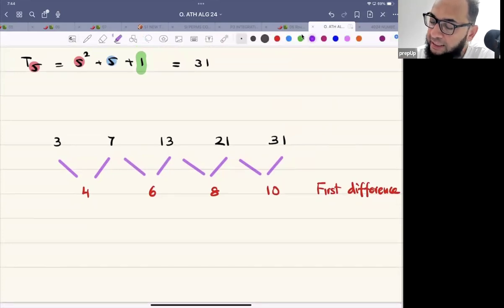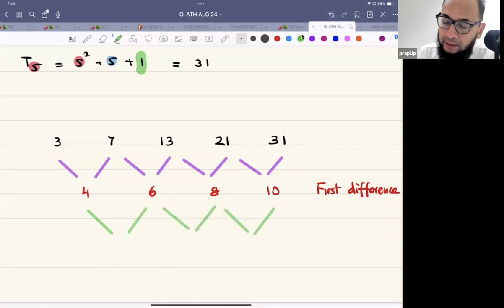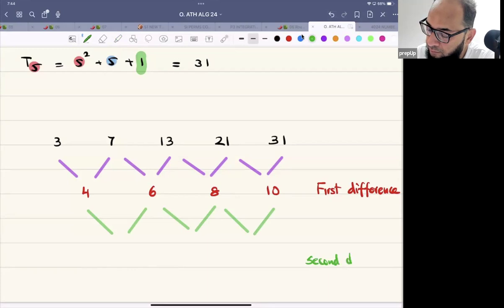And let me calculate the second sequence, in green color. That is constant. Hold for a second. So now I'm focusing on the second difference. And the second difference is what?